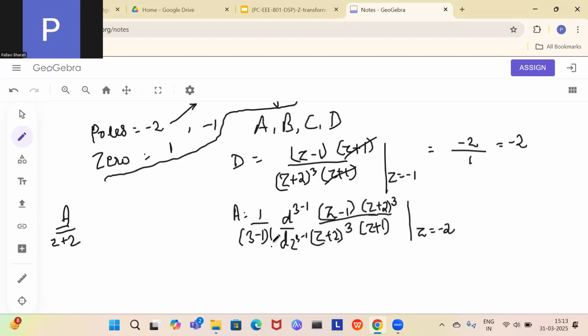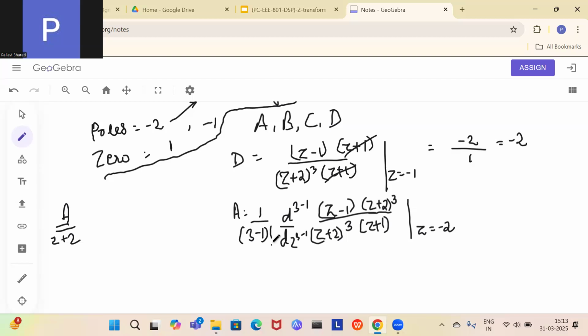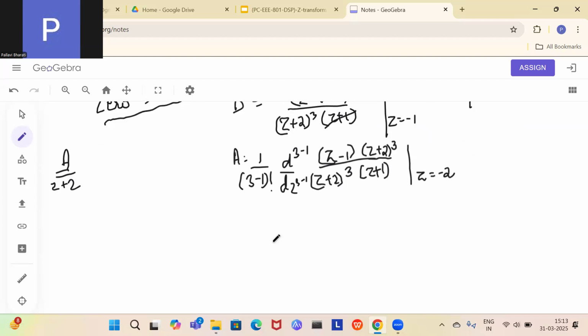A is equal to 1 by factorial 2 times d2 by dz square of this full thing. z plus 2 cube will get cancelled, so you are left with z minus 1 divided by z plus 1. So you need to differentiate it twice and then put the value of minus 2.